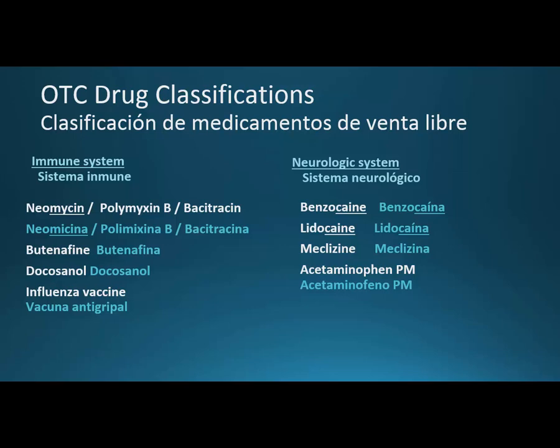Docosanol is awesome because it's the same, docosanol. What it does, the reason why it works so well is that you have this vowel, D-O-C-O-S-A, and then the N-O-L is perfectly proper in Spanish, so it actually works out pretty well. Influenza vaccine, vacuna antigripal.